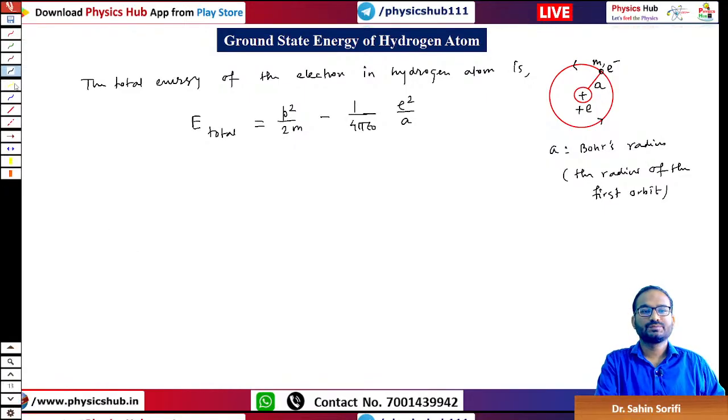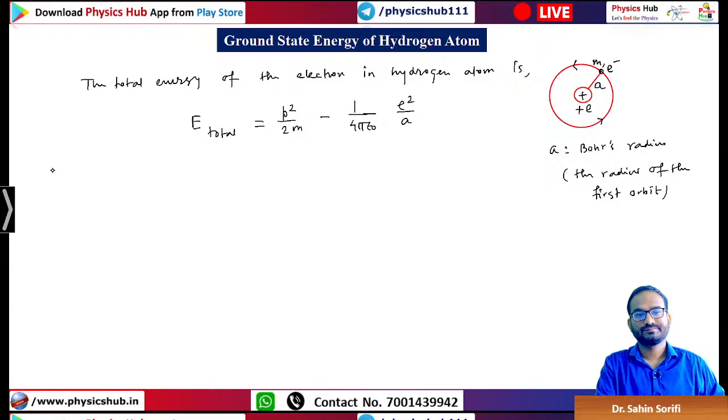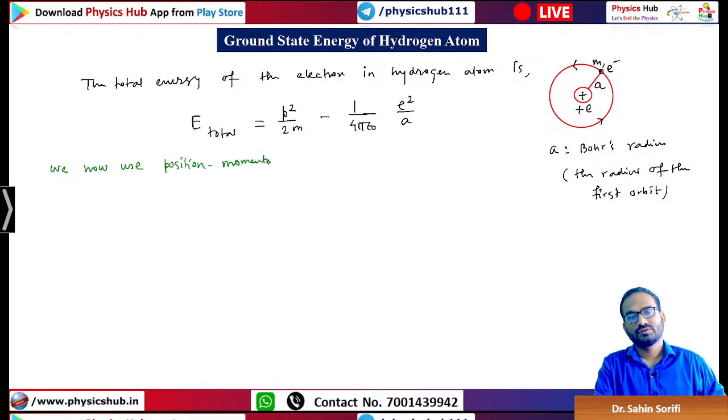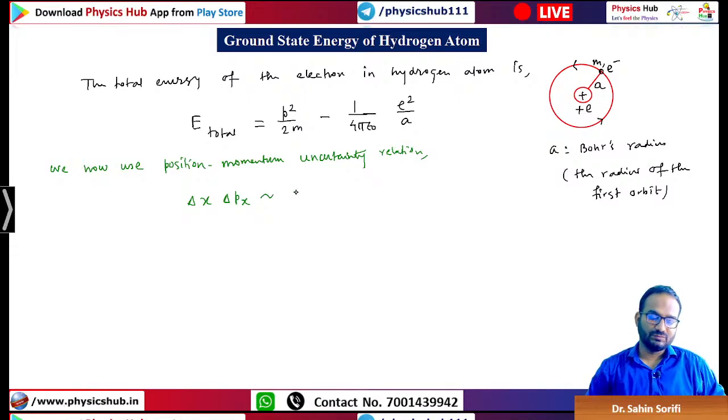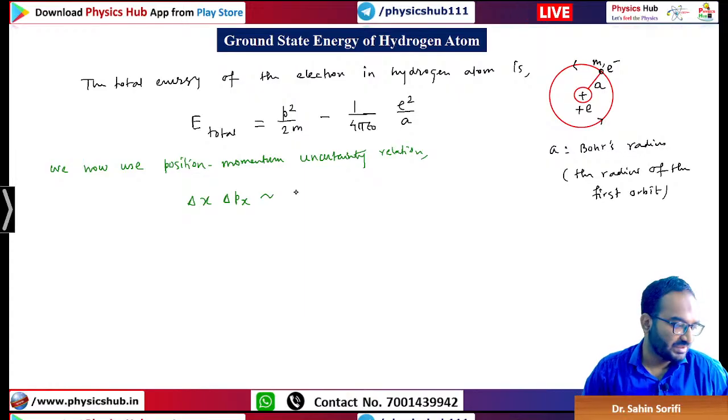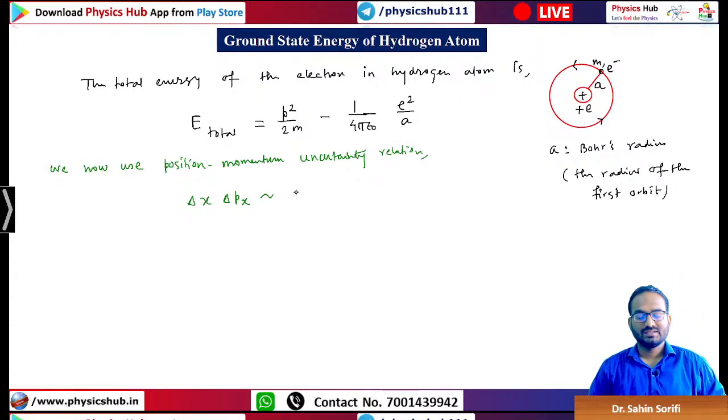Now we can use the position momentum uncertainty relation. So what will you write? Delta x, delta px. Should I write h cut or h cut by 2? Tell me, Murli, Harry, should I write h cut or h cut by 2?